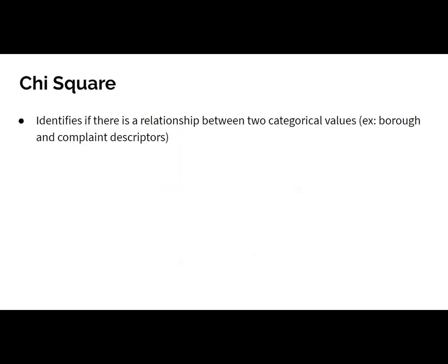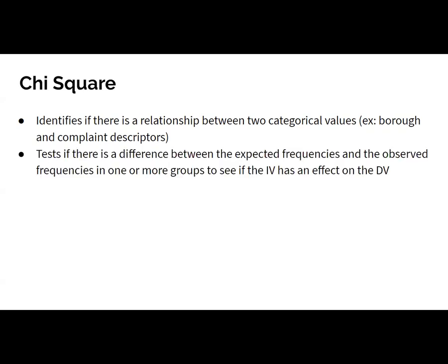So chi-square identifies if there's a relationship between 2 categorical variables. It tests if there's a difference between the expected frequencies and the observed frequencies. So what we'll wind up doing is creating a table of what the actual frequencies are of the types of complaints by borough.